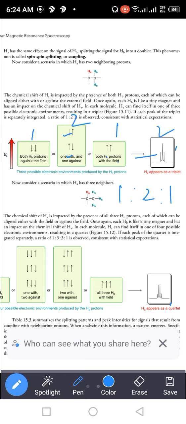This is the two protons having one pattern in direction with respect to the external field. So overall this is the pattern. 1 2 1 is the pattern of proton direction with respect to external magnetic field, or we can say that 1 2 1 is the ratio of the proton direction with respect to the external magnetic field. So this is the height. This 1 2 1 also shows the height of the peak.